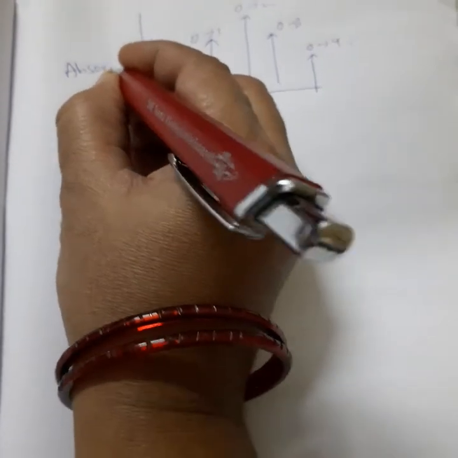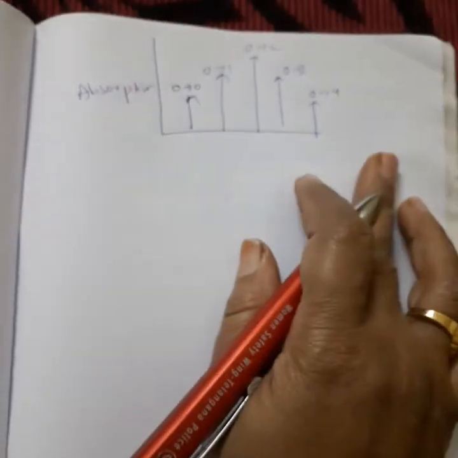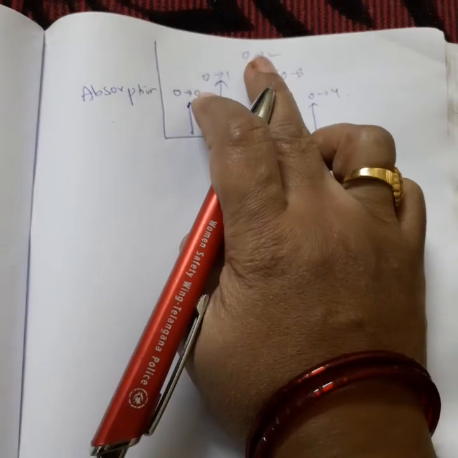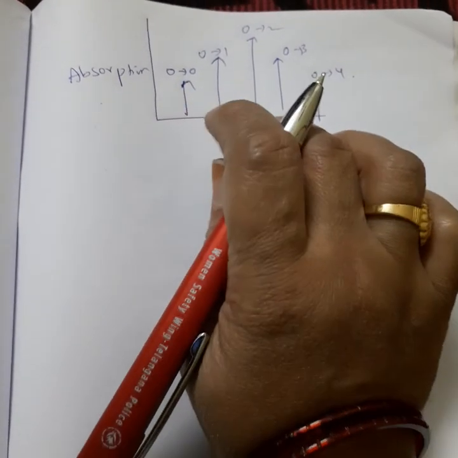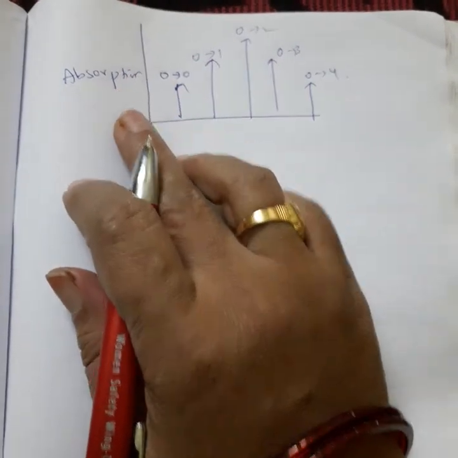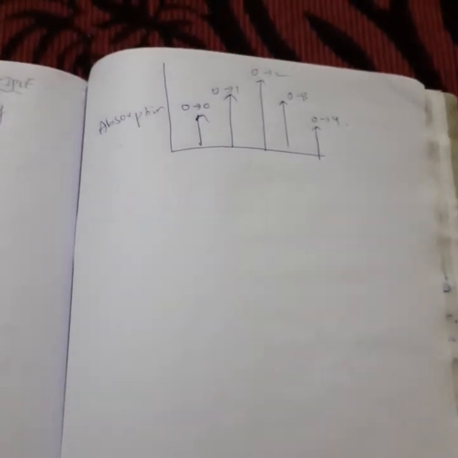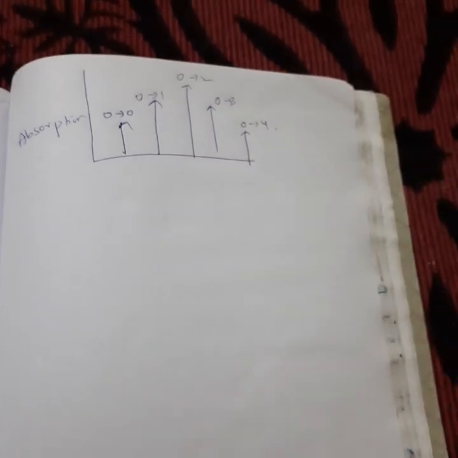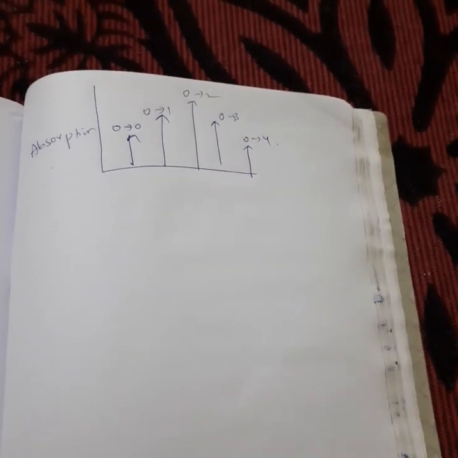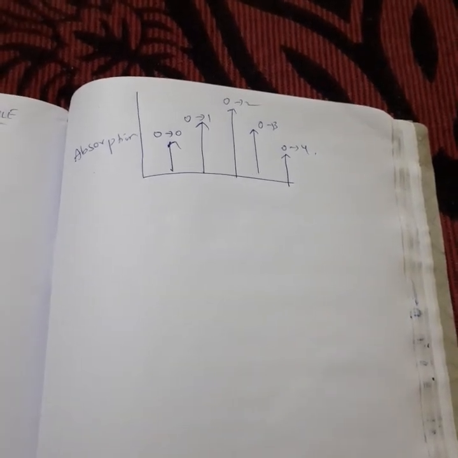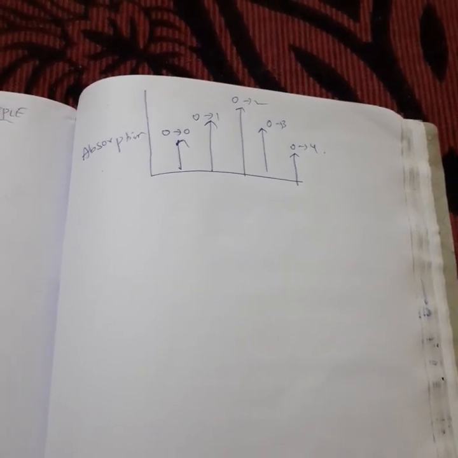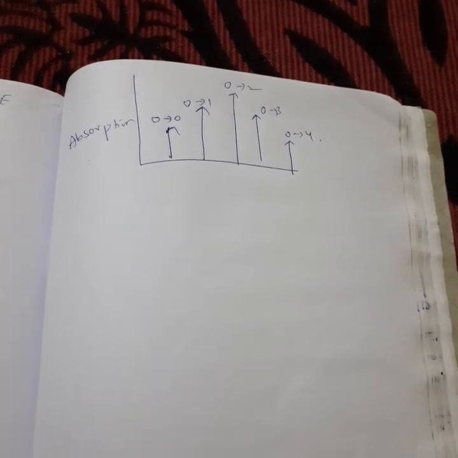Okay. If you observe the changes among these transitions, the 0 to 2 transition will have more intensity. During this electronic transition, we will get n number of peaks. But out of these peaks, not all the peaks give exact data about your unknown compound.